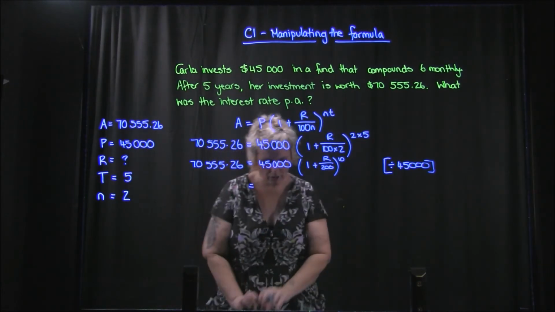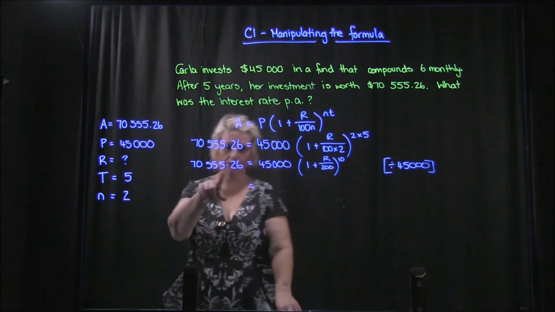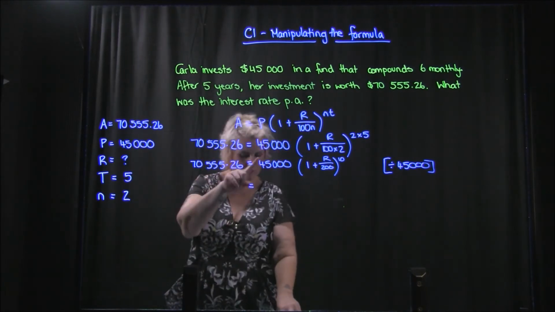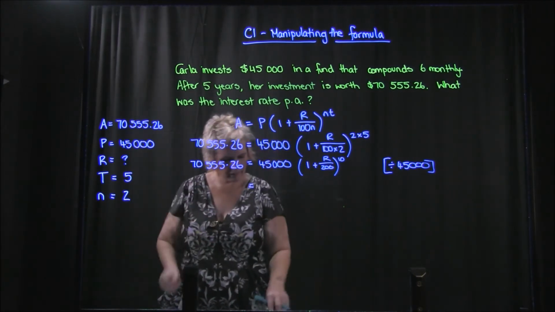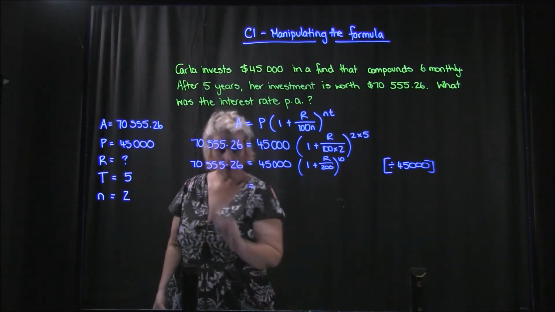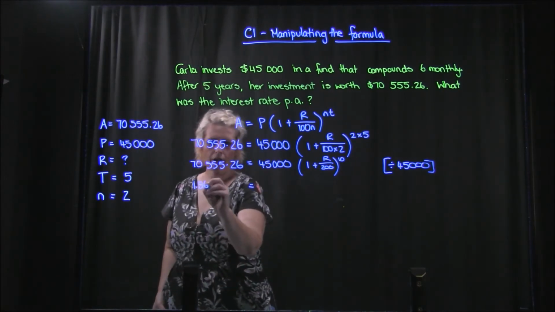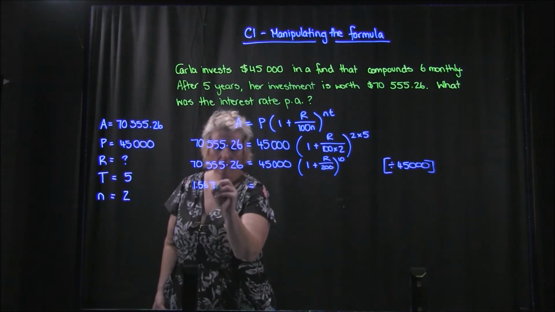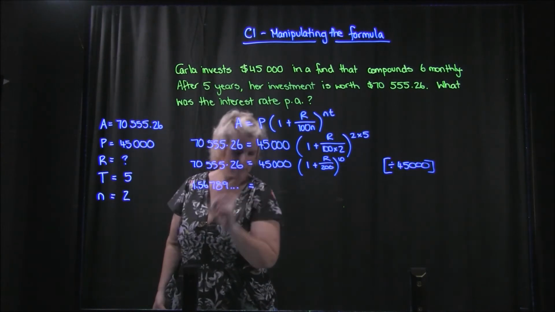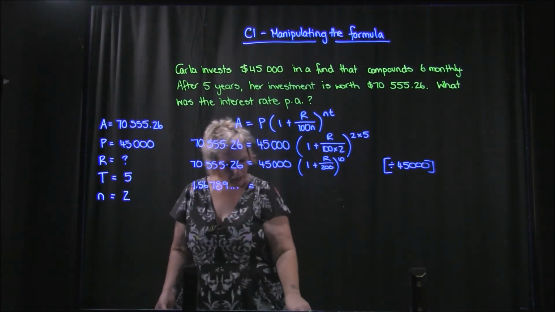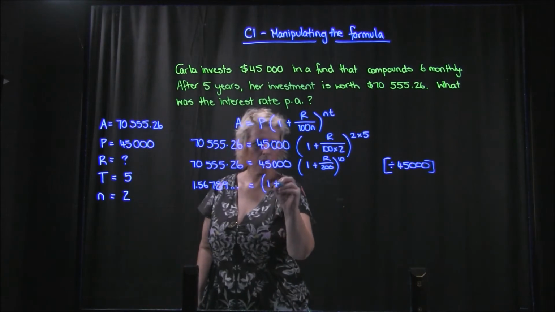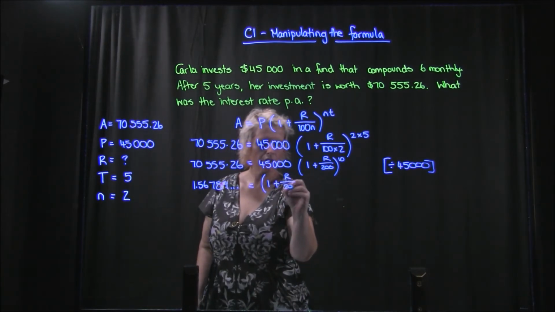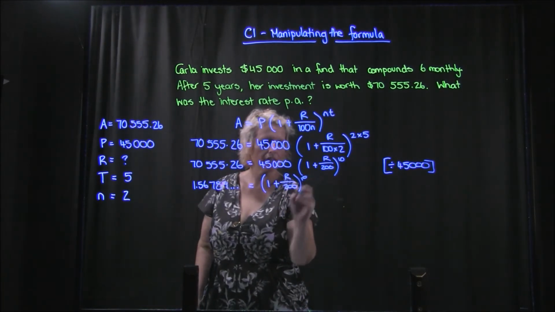So 70,555.26 divided by 45,000 gives me 1.5678, and it continues on. Okay, and that leaves me with my 1 plus r over 200 to the power of 10.